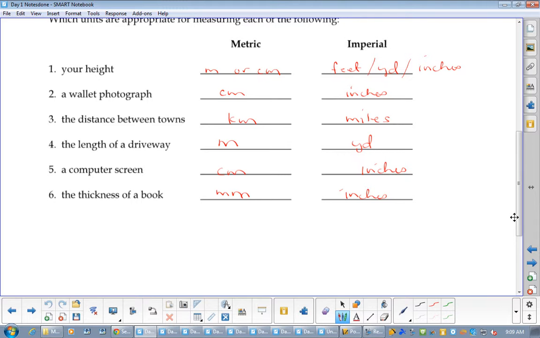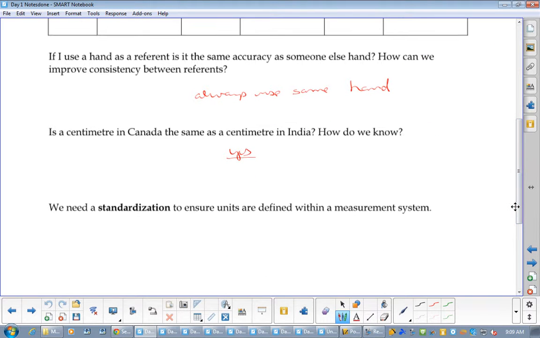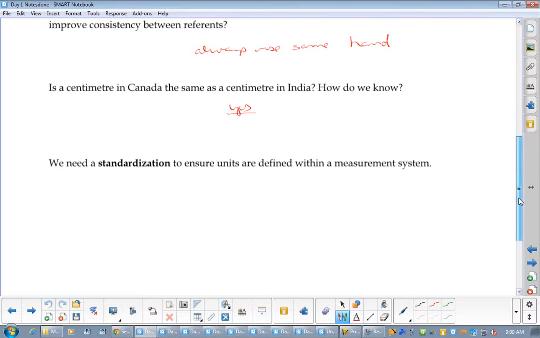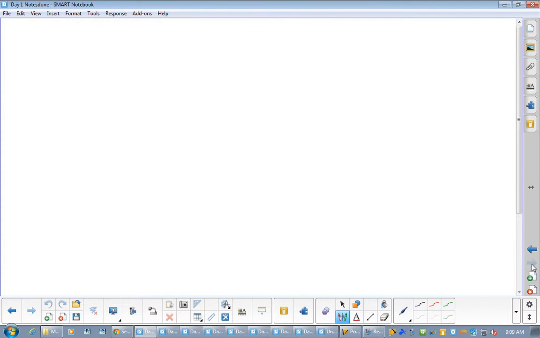Do you see that as necessary? Okay, I wouldn't either, right? Okay, and again this. Okay, we need standardization. Again, I don't know if that's something that would pop up. Okay, so that's the first day's notes.